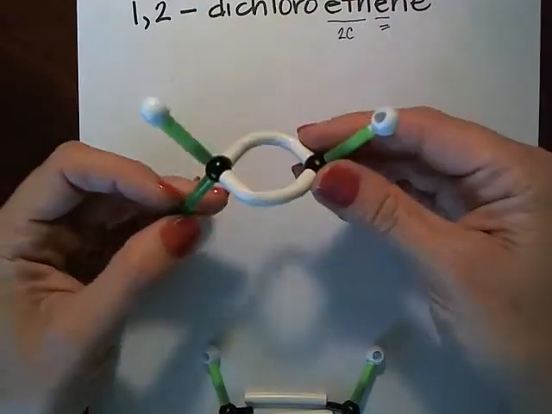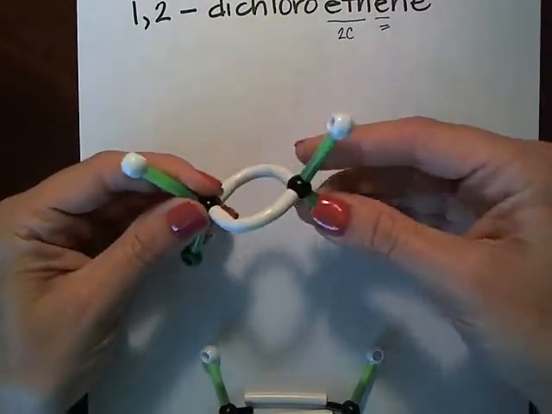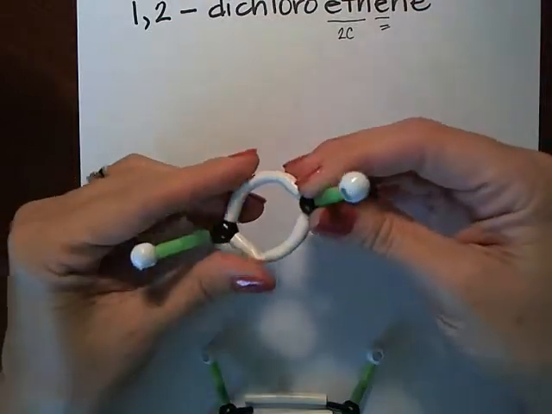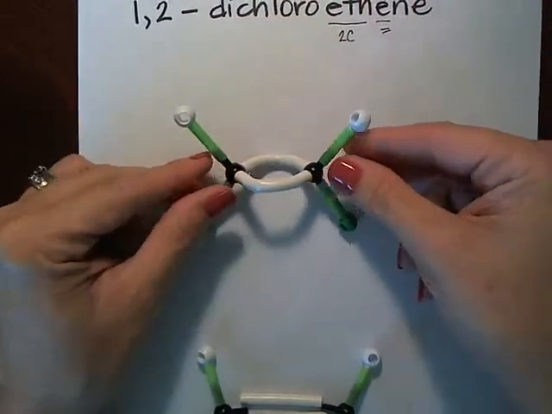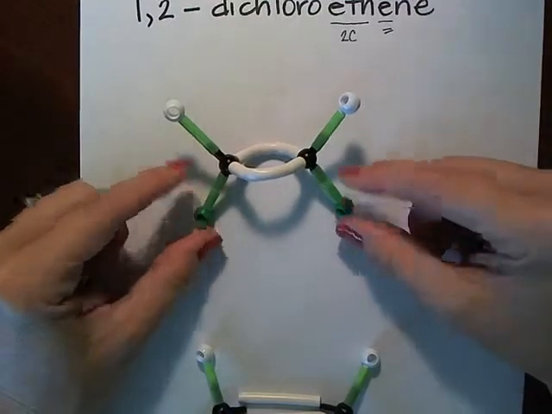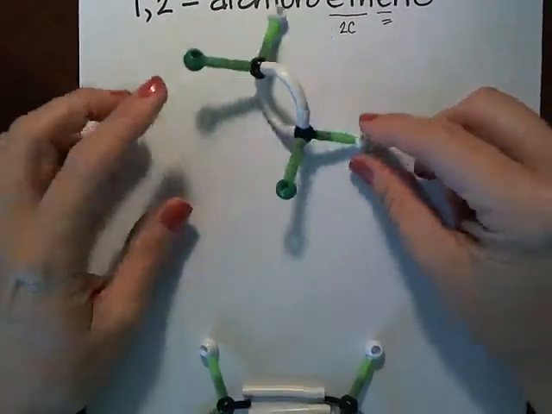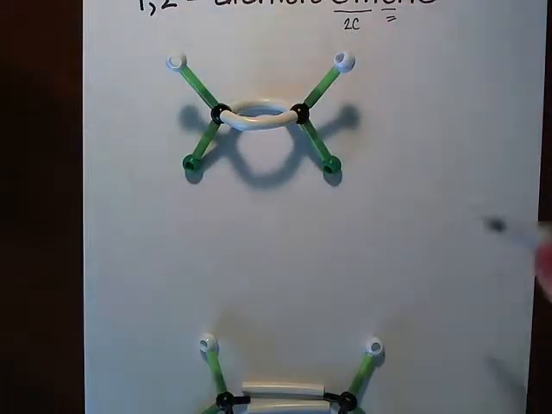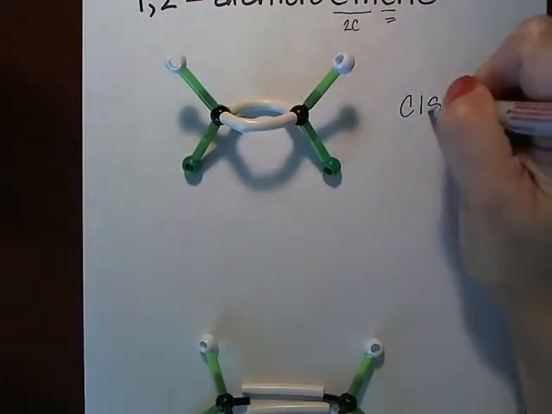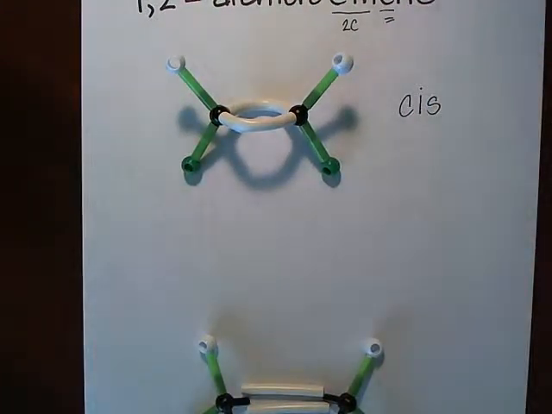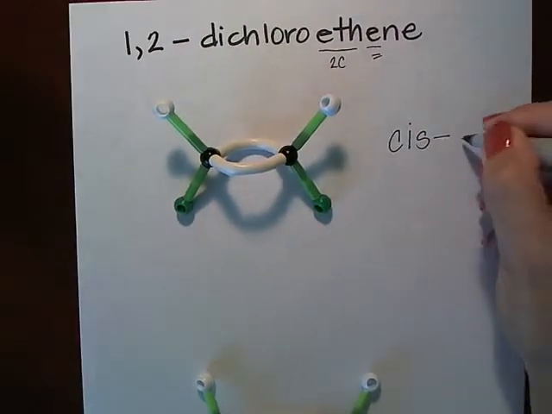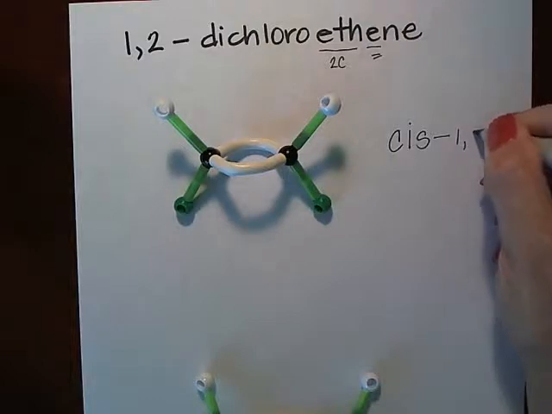And what's interesting to note in the model is that we can't rotate it like we can in an alkane molecule. So these 2 chlorines are fixed. It's a rigid structure, and we can't twist this around. So this gives rise to what we call the cis isomer. And so we would name it just like that, cis, hyphen, and then we would continue on.